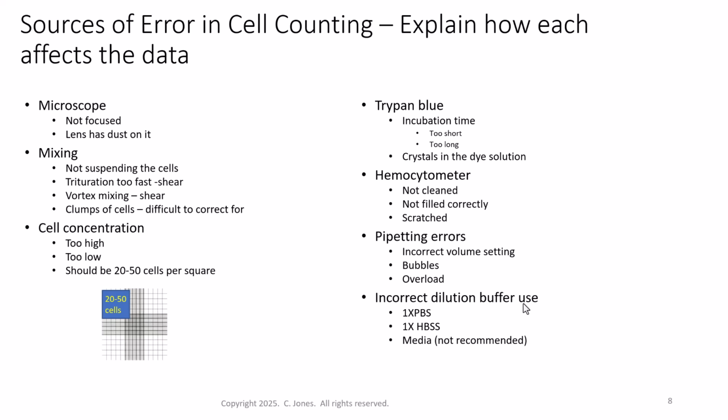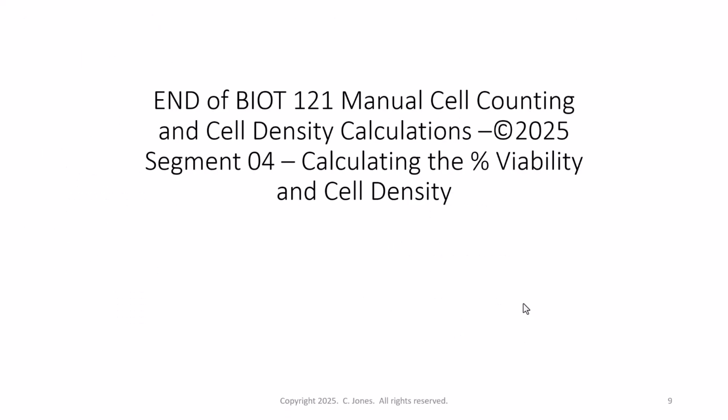And then some people, again, dilute exclusively with trypan blue. If that's what the SOP says, that's what you should do. But again, that's not what we recommend. We recommend using a balanced salt solution like PBS or HBSS. These are really cheap, but they maintain the correct osmotic strength so that the cells don't die. And that is the end of segment 4.